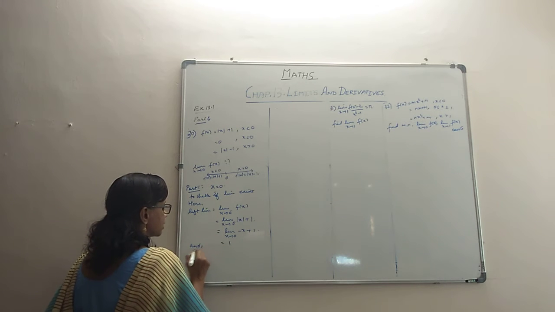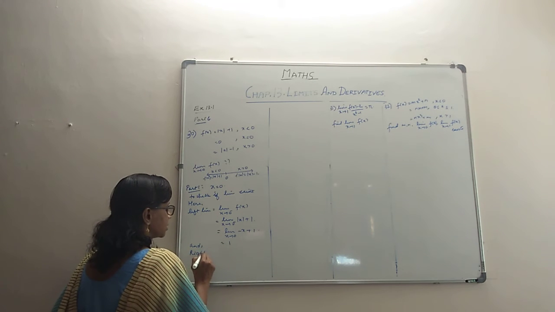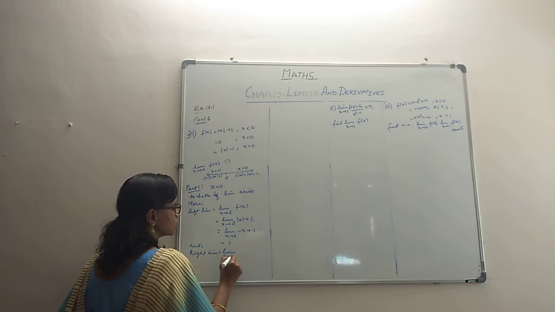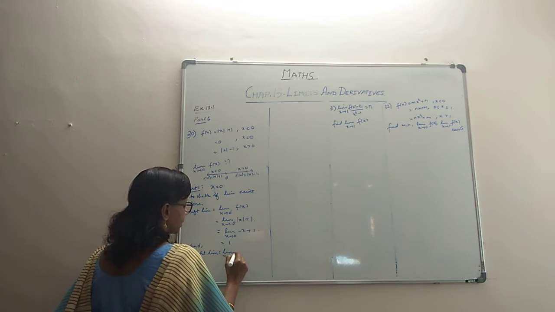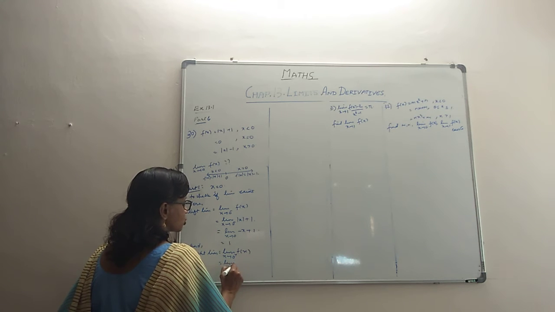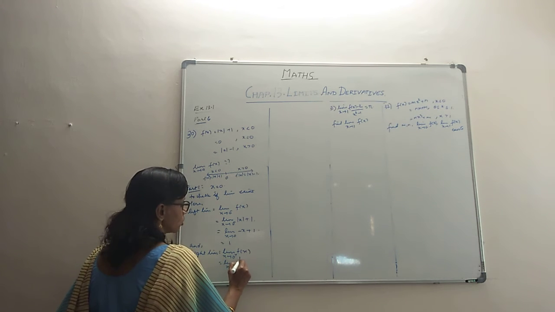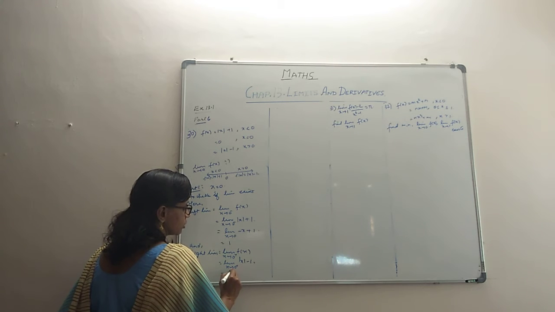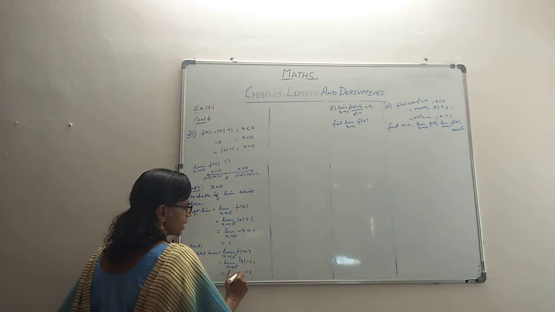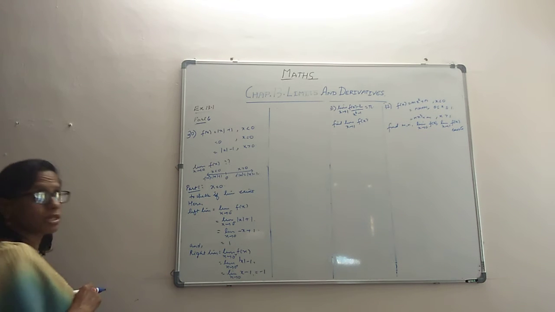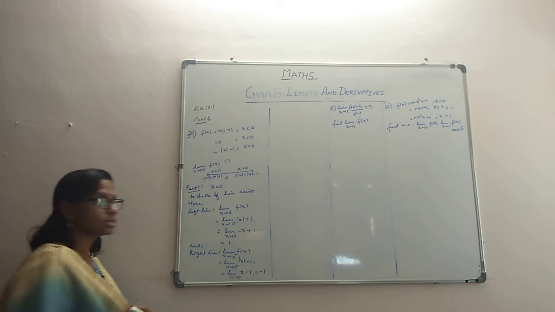And what's the right limit? Let's take the right limit. It is limit as x tends to 0 from the right side of f of x, which is limit as x tends to 0 from the right of modulus of x minus 1, and modulus of x on the right side of 0, the positive side, is just x. So x minus 1, substituting, comes to minus 1. The left limit is 1, but the right limit is minus 1.